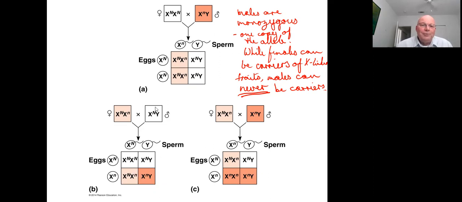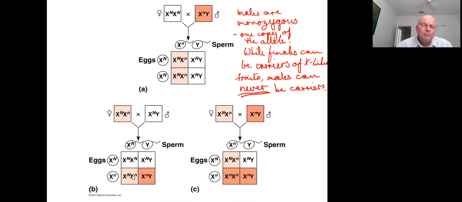The daughters all get the X big N from their father, and then from their mother, they'll either get an X big N and be homozygous normal, or get the X little n and be heterozygous, showing the normal trait but carrying the allele for the recessive trait.